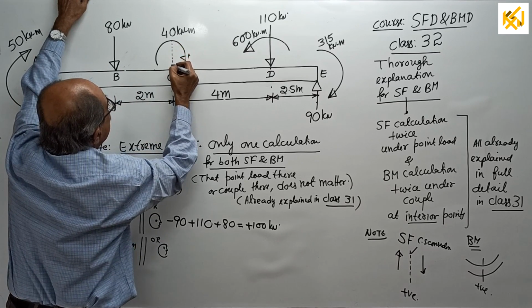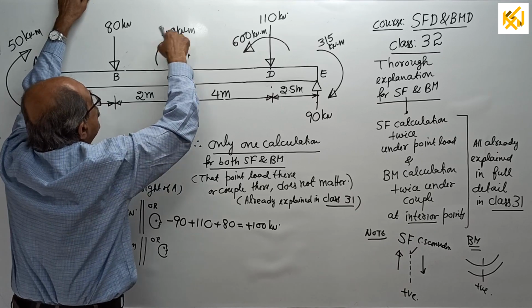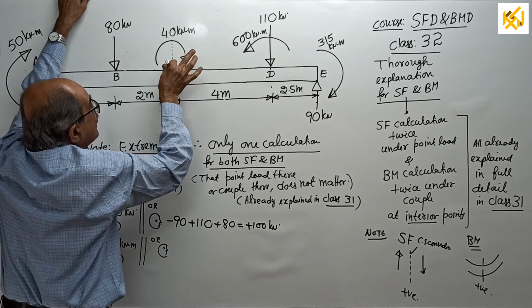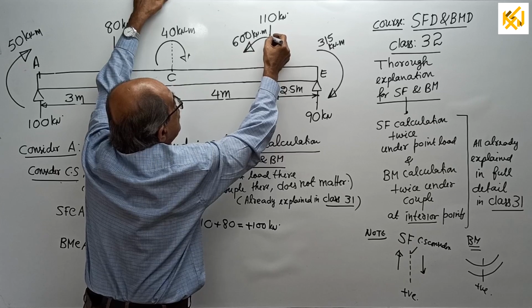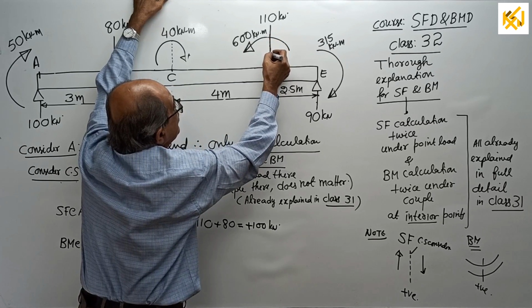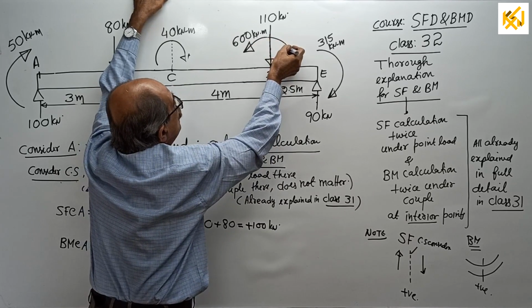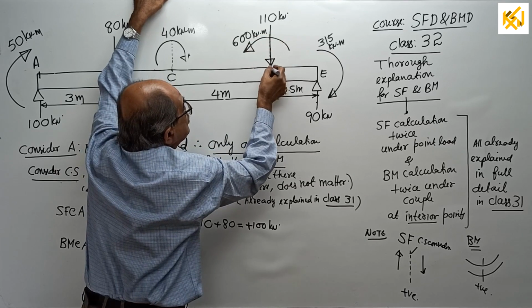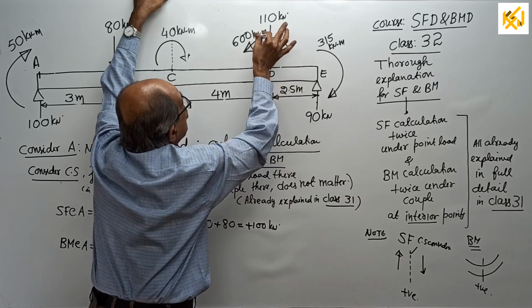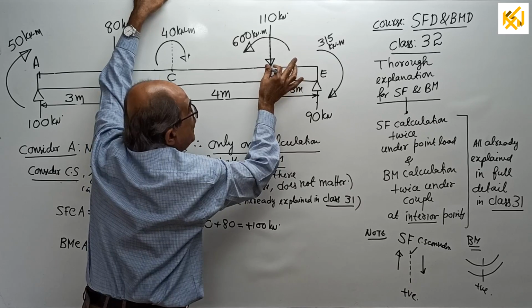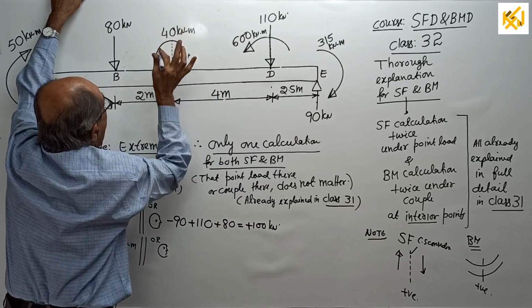Why? To show that this couple, even though I wrote here, is actually acting here. Now, for this couple, a light line is not possible because already one line is there. Imagine a light line. So, this 600 is acting at this point. Even though you write there, it is acting here.